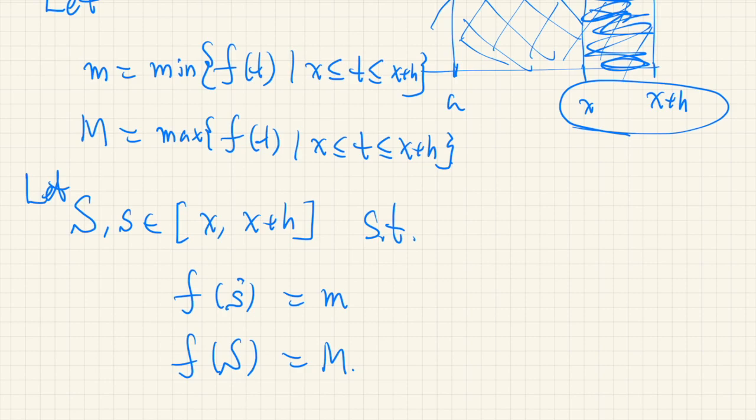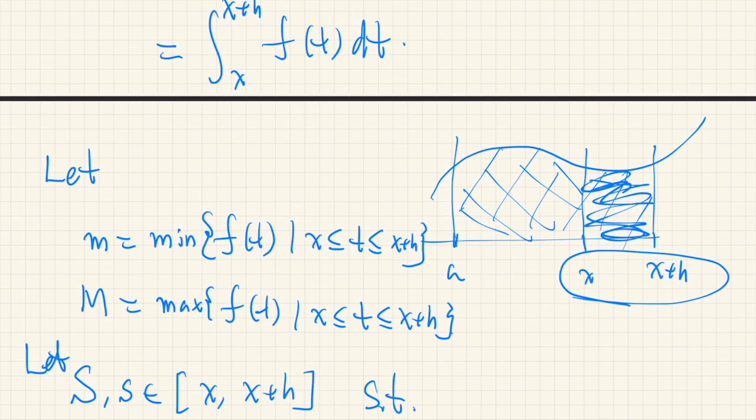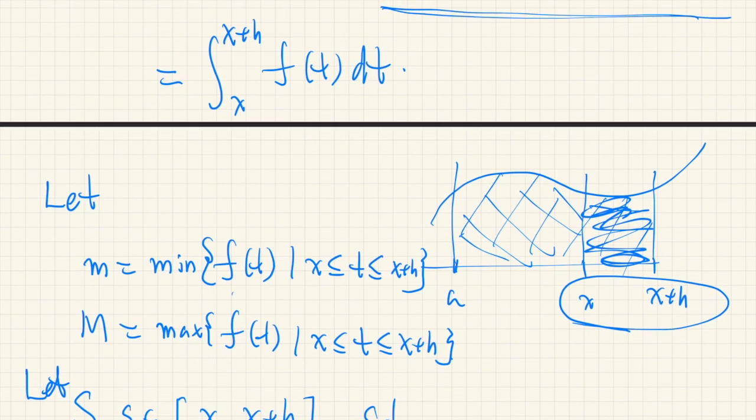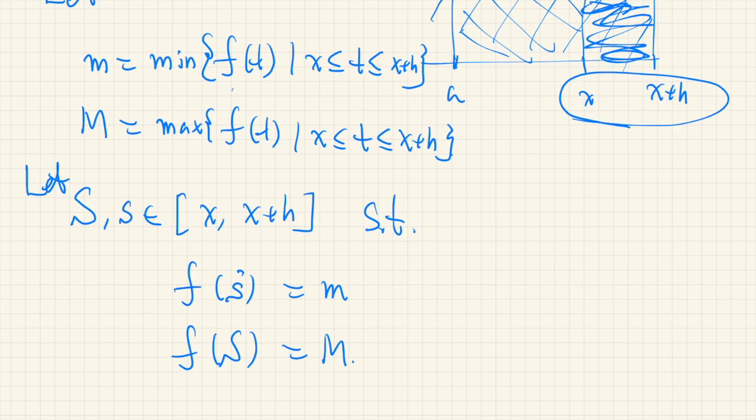So, finding the minimum and maximum is possible because we're assuming that this function is continuous in this interval, right? So according to the extreme value theorem, this is possible.